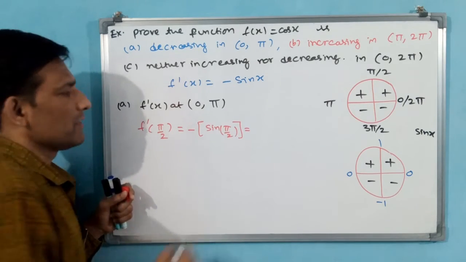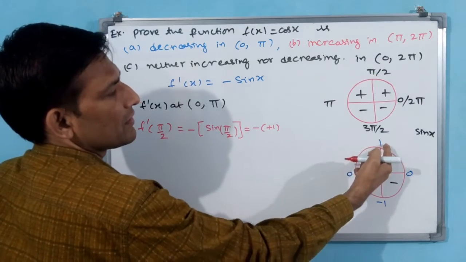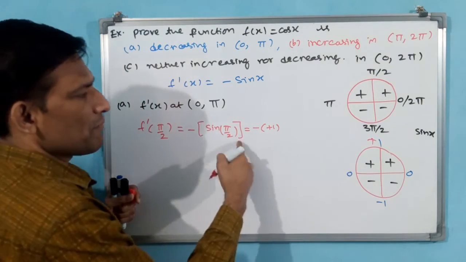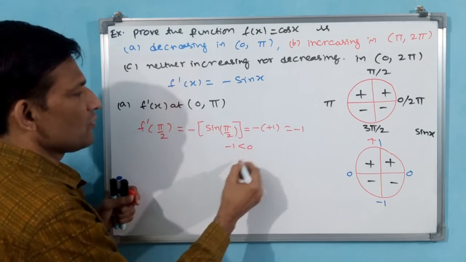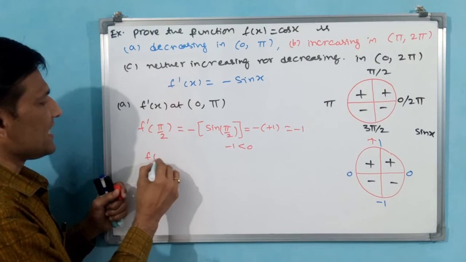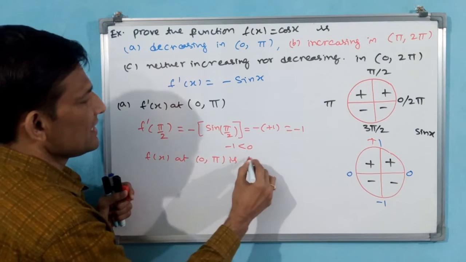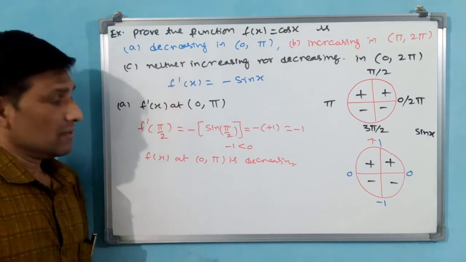Is it okay? Definitely okay. Minus of plus 1. This is plus 1, this is minus 1. Minus of plus 1 is equal to minus 1. Minus 1 is less than 0. Then shall I say f of x at 0 to pi is decreasing. Why?